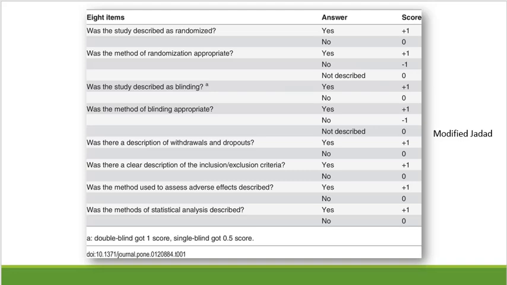It's a quantitative measure of the quality of it, not where it would fit on the hierarchy, excuse me, but basically looking at what are the threats to its validity.